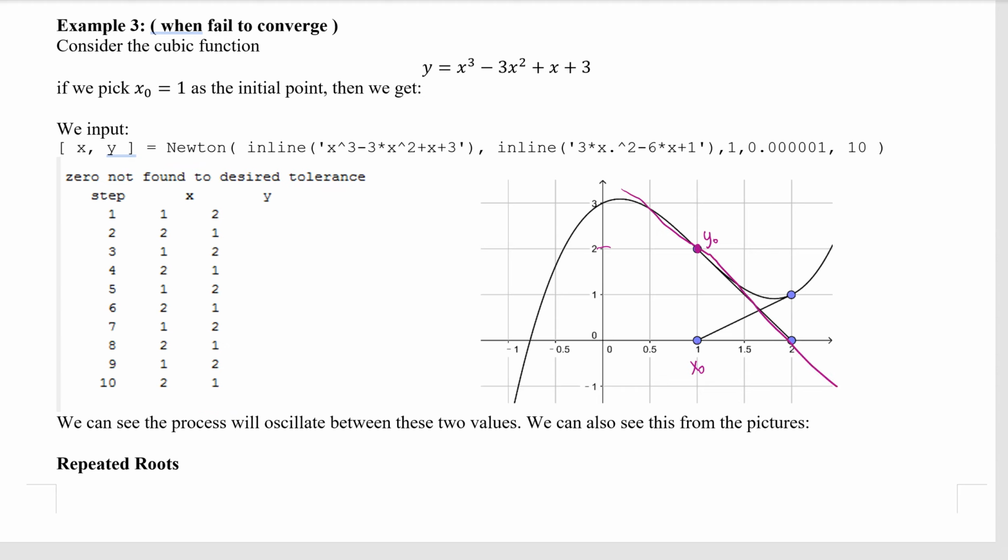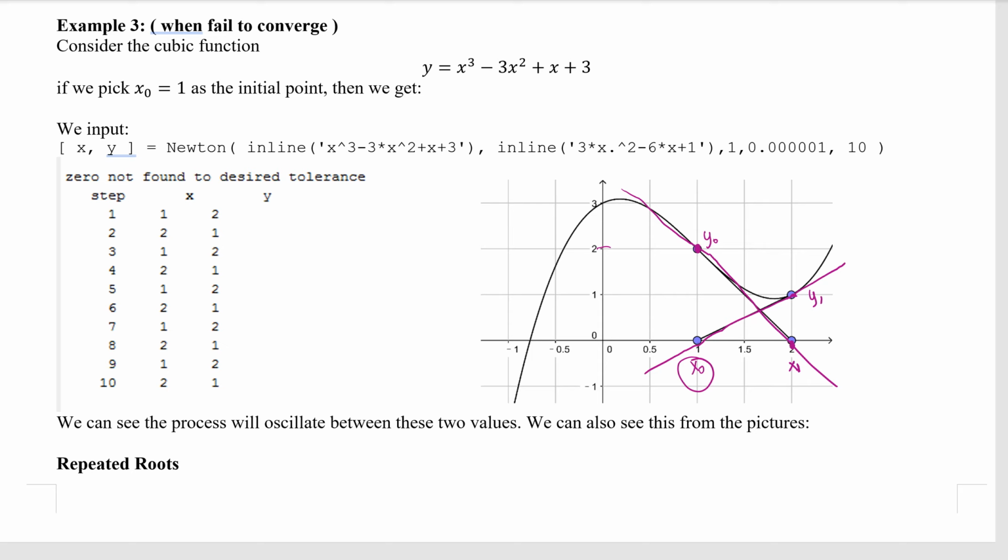When we draw the secant line there, it intersects the x-axis at x1. x1 equals 2. Then we look at f of x1, y1, which is 1. And then consider the line passing through it and intersecting the x-axis. Oh, you see, I get x0 back. So that's why the process will oscillate between those two values and we don't converge.